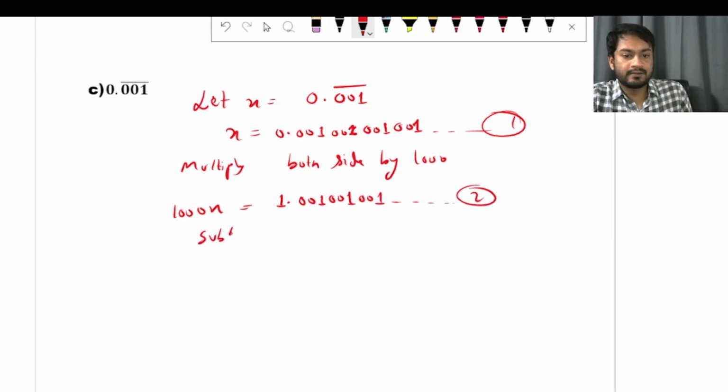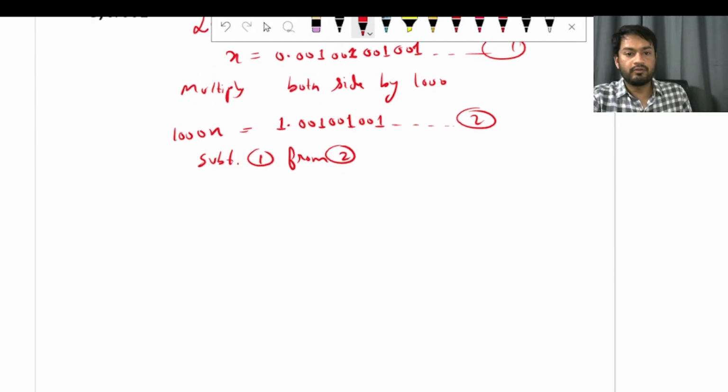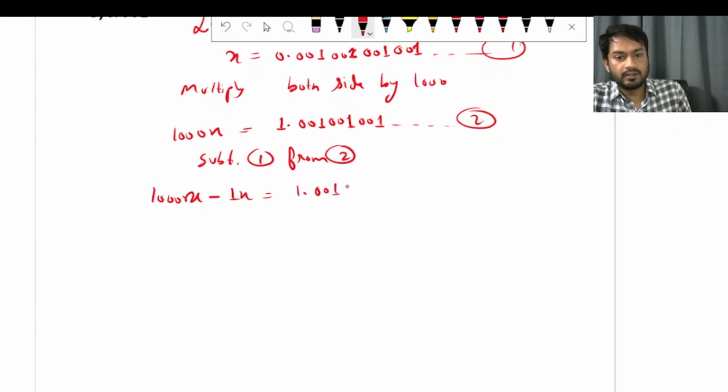Now subtract first from second. So when you subtract first from second, what will happen? It will be 1000x minus 1x equals 1.001 001 001 minus 0.001 001 dash dash dash.